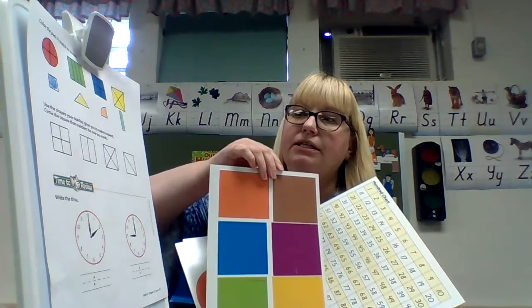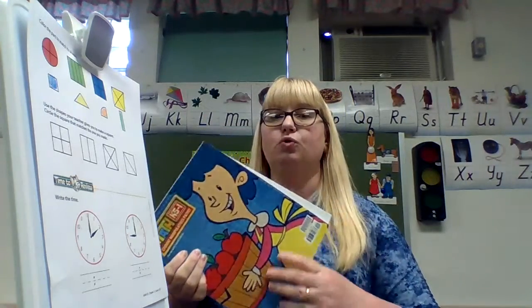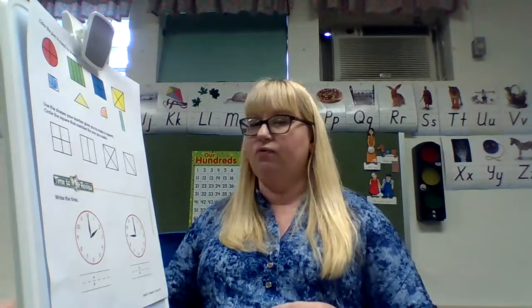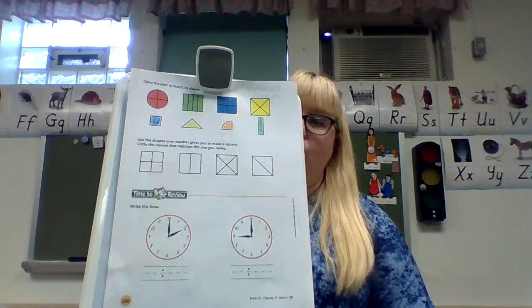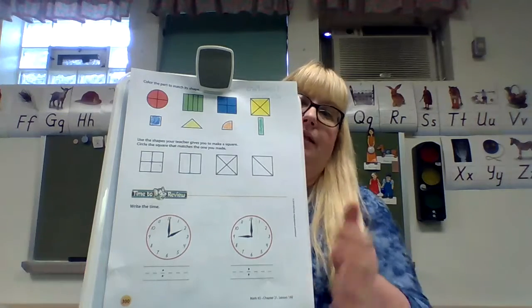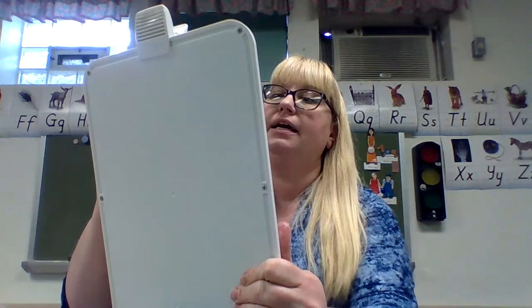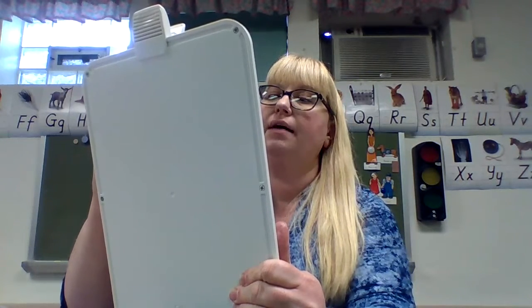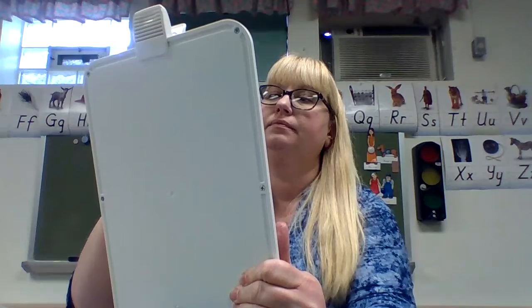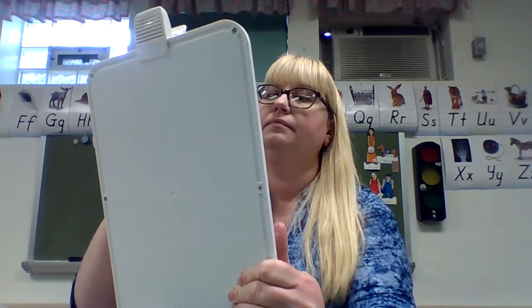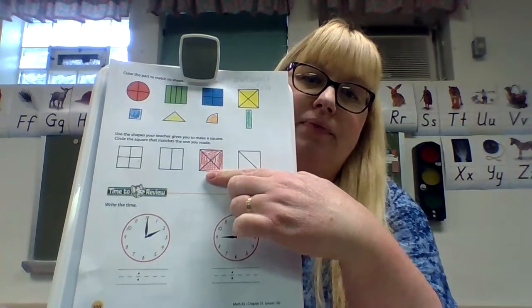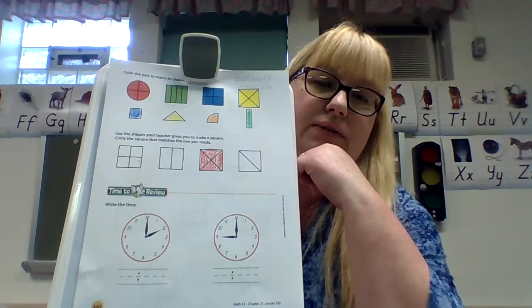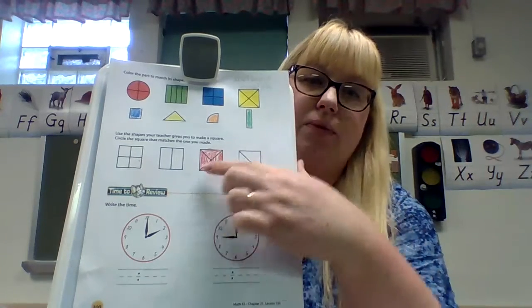If I were to give you shapes, I probably would give you 4 triangles. Which one of those would you make if I gave you 4 triangles? You colored that one, you're right. So 4 triangles makes the square.